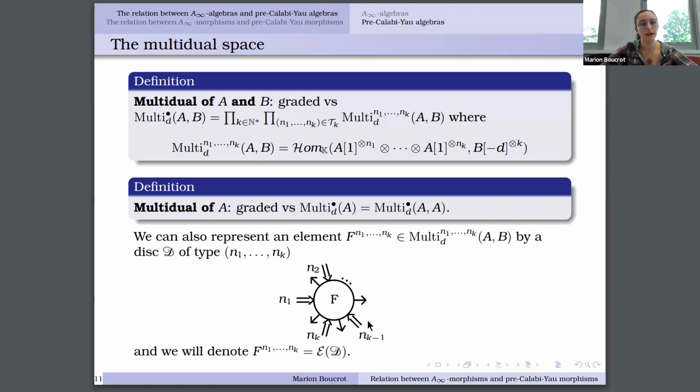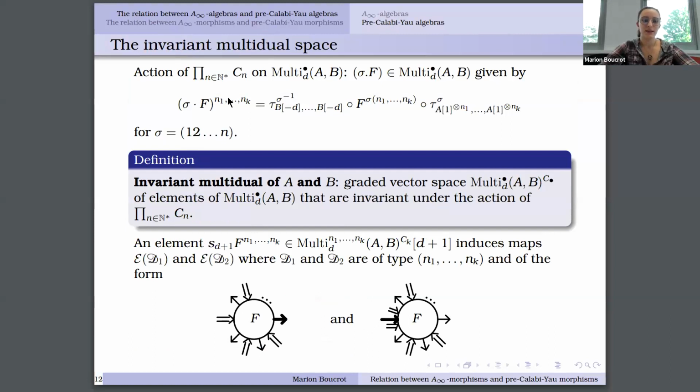So we have an action of this multidual space, which is an action of the product of the Cn, where Cn is the subgroup of Sn formed only by cyclic permutations.